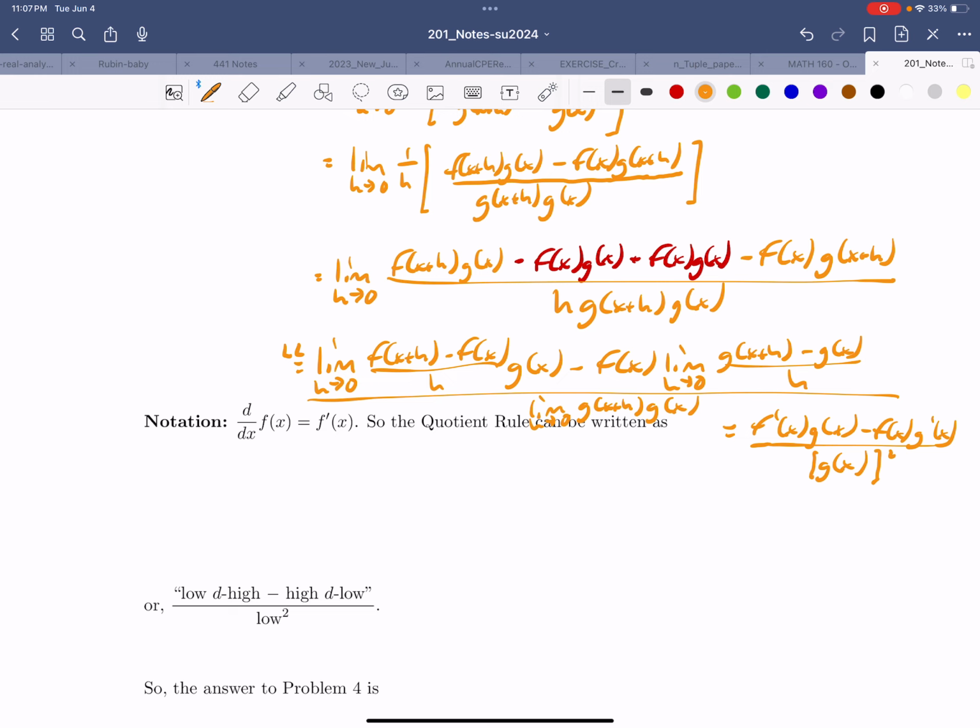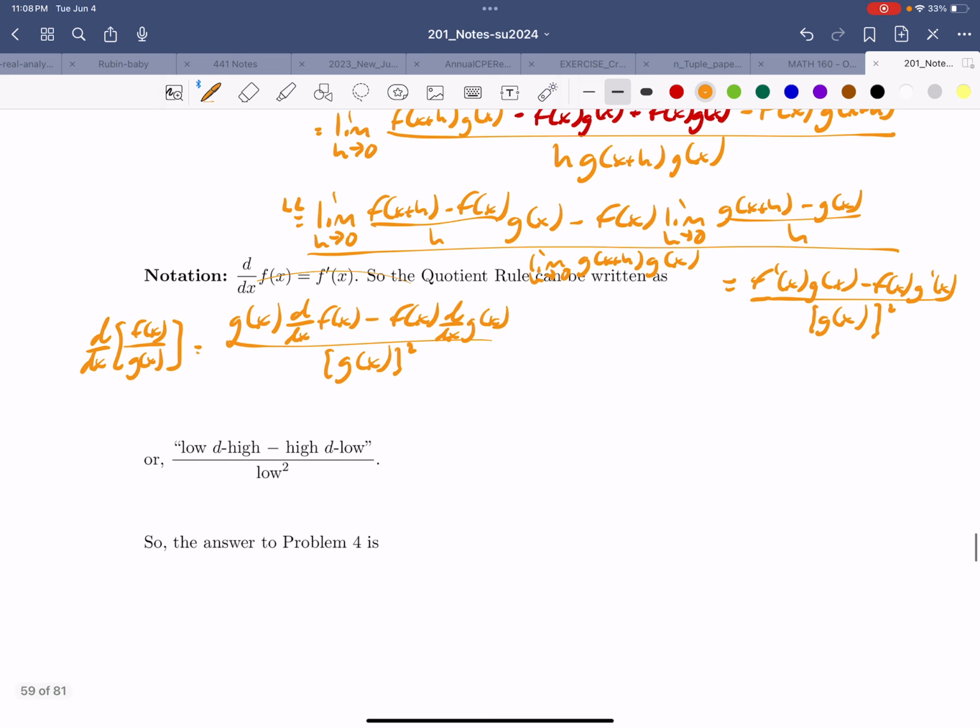Right? So, just to be clear, another way of writing this is, again, you could say that the derivative with respect to x of f of x over g of x equals low d high minus high d low all over low squared.